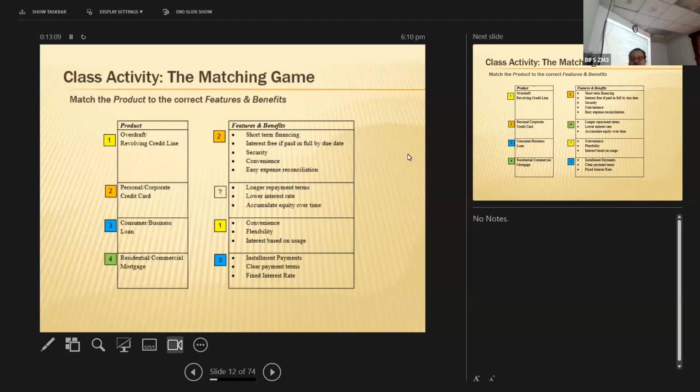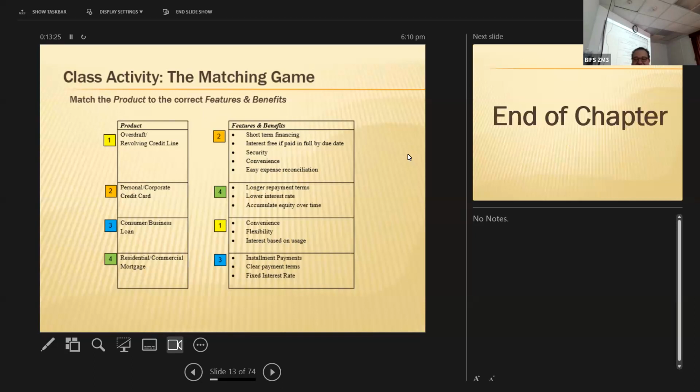And then, by default, the last one standing: long repayment terms, low interest rate, accumulates equity over time.